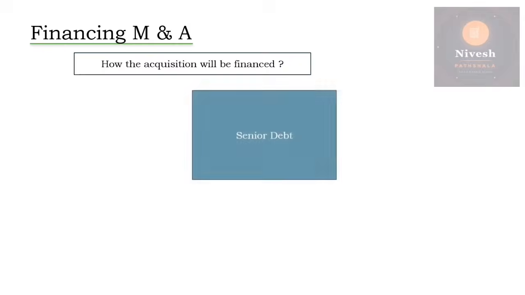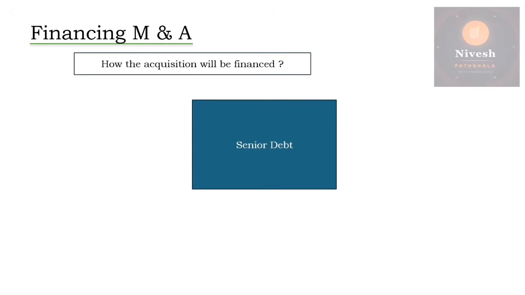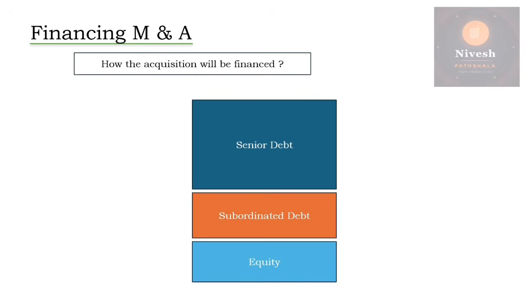The first one is senior debt. We will acquire that company through senior debt. Second, subordinate debt. The third is equity, with our own pocket money. So these are the three financing sources used for acquisition: senior debt, subordinate debt, and equity.